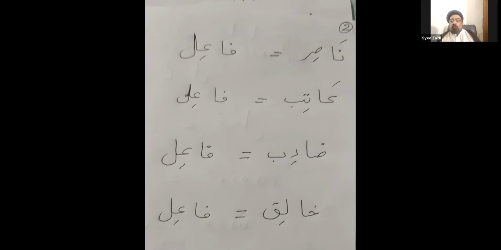You have one letter that is zaid. So instead of nasara, you have nasir. Nasara means that he helped. Nasir means the person who was helping, the helper. So nasir is equal to fa'il. What have we done here?